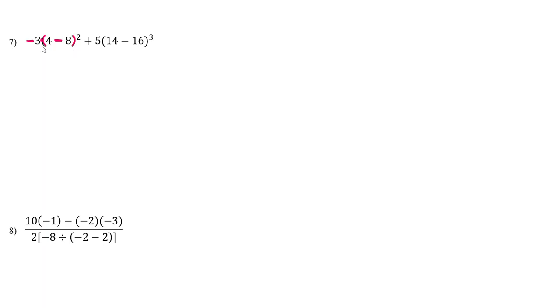We have that parenthesis, which is not an operation, but it does tell us what has to be done first. We have the squared, which is an exponent. We have this plus sign, that's addition. We have another number next to a parenthesis, that means multiplication. There's a subtraction going on here. And then again, another grouping symbol and another exponent.